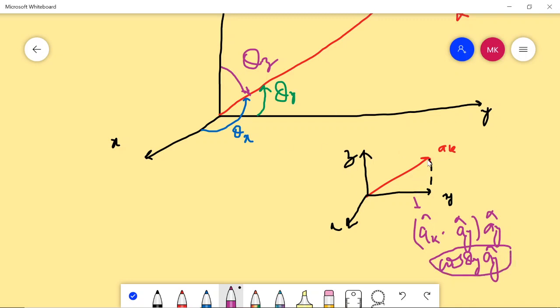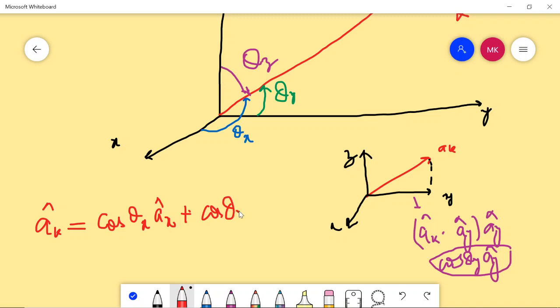Similarly, you can decompose ak along x and z. The same thing will be there. So what you can write now, the ak vector will be equal to cos theta x ax plus cos theta y ay plus cos theta z az.